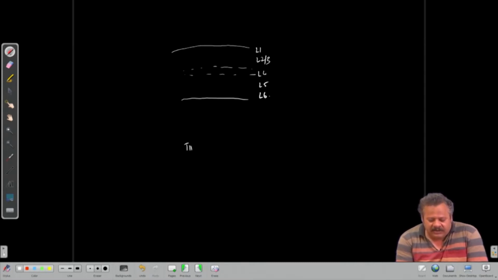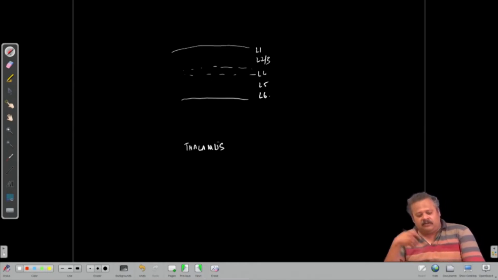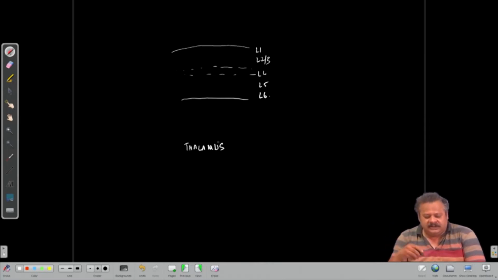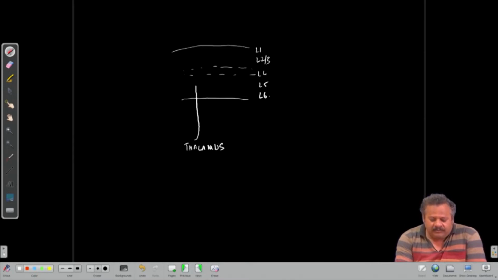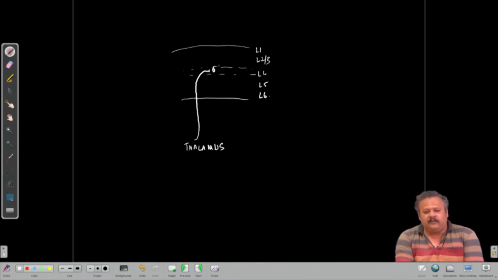The thalamus takes information from more subcortical stages, originally from the periphery, and finally via the thalamus the input comes and makes synapses on neurons in layer 4.